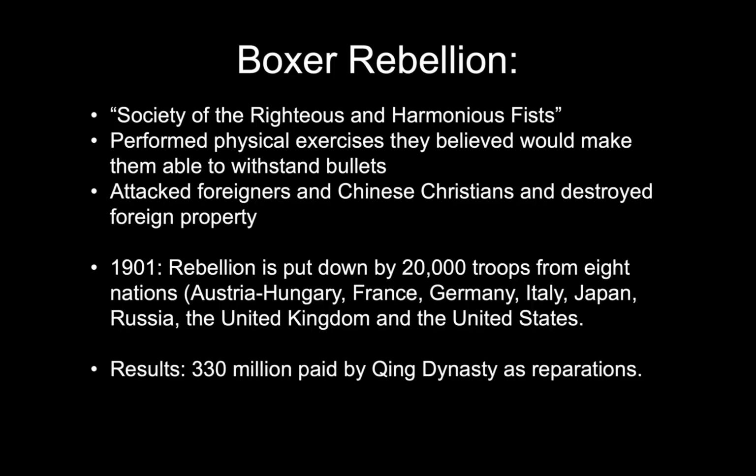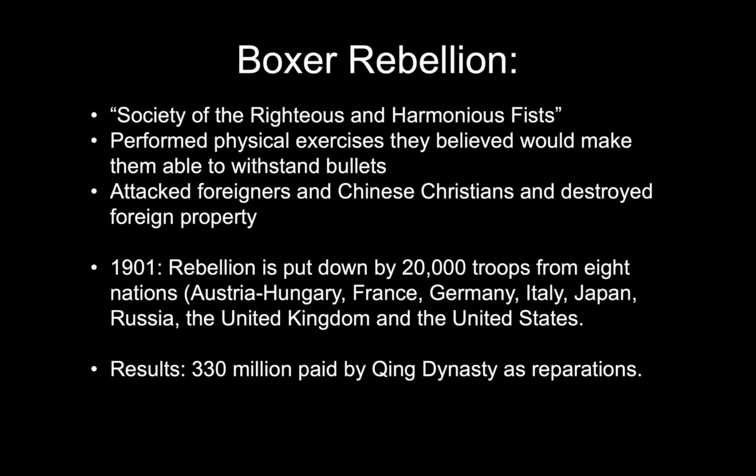$330 million will be paid by the emperor. The interesting thing is that the Boxer Rebellion is not from the government of China. The Boxer Rebellion simply happens with the government of China basically staying out of it. They can't do anything at all at this point. And so $330 million had to be paid by the emperor of China to these Europeans to pay for their putting down the Boxer Rebellion.